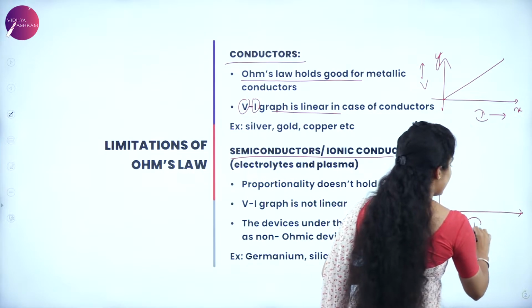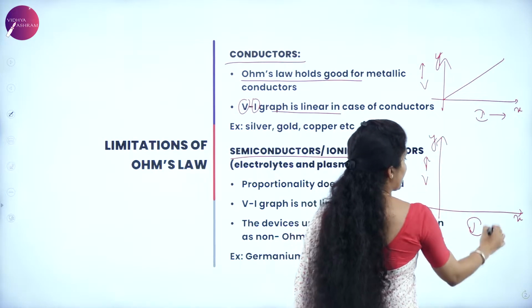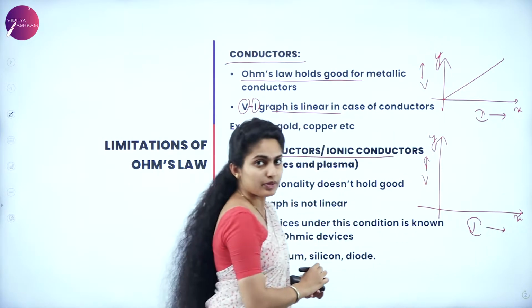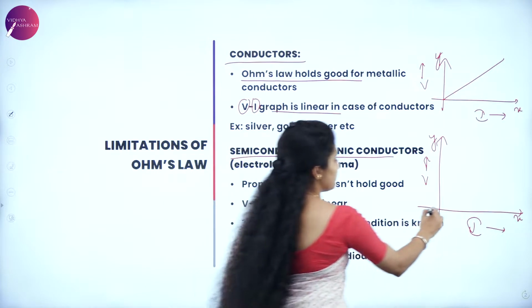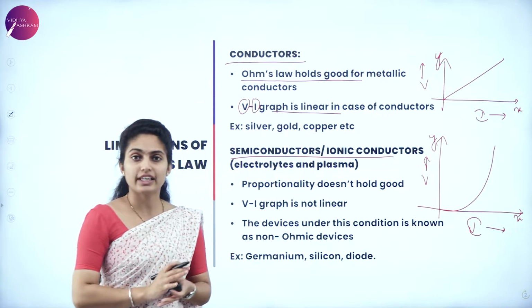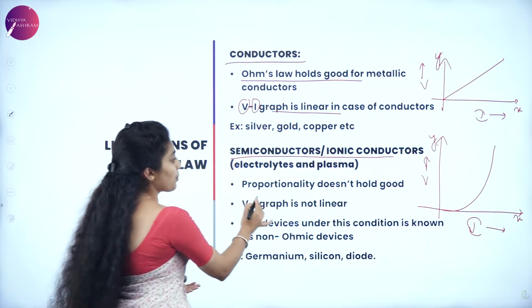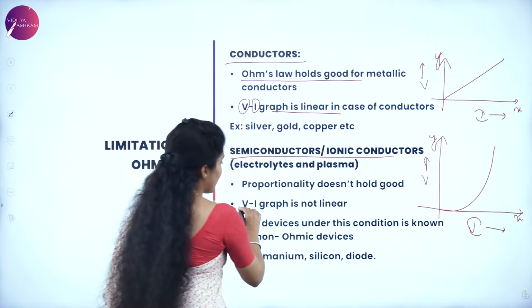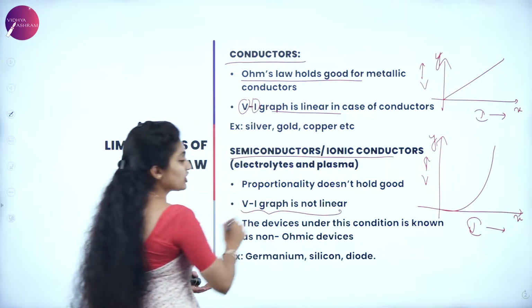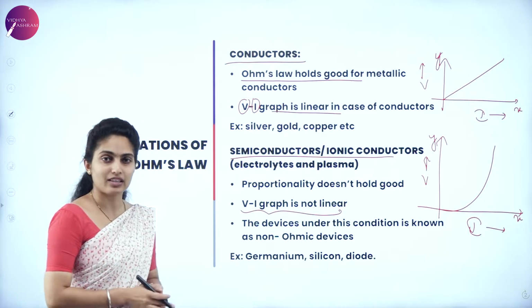Because with current on the x-axis and potential on the y-axis, this graphical representation shows that the curve is not linear, but it is a kind of a parabola. So proportionality doesn't hold good, wherein this VI graph is not linear. So this is only for the semiconductors.